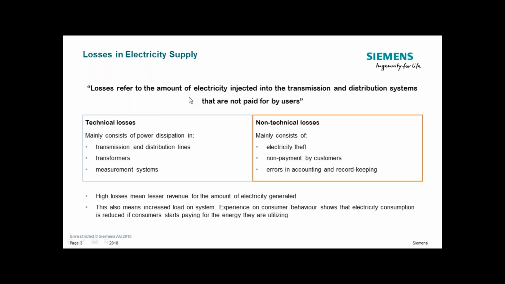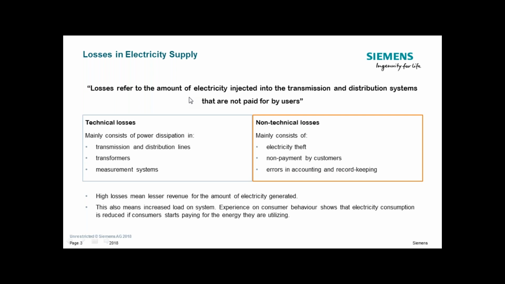The major ones are electricity theft, non-payment by customers, and errors in accounting and record keeping. Other than that, you can have poor maintenance of the transformers, poor connection or installation of the system, or poor selection of the equipment.